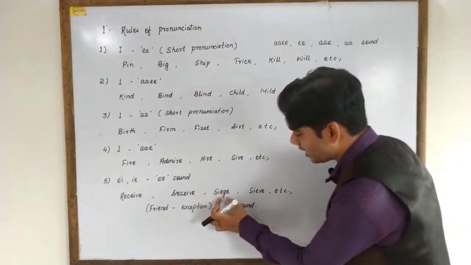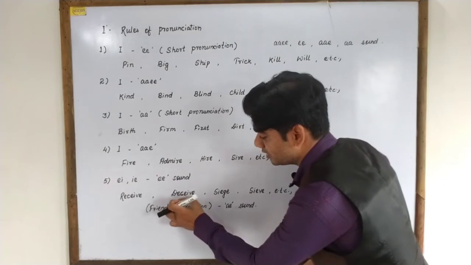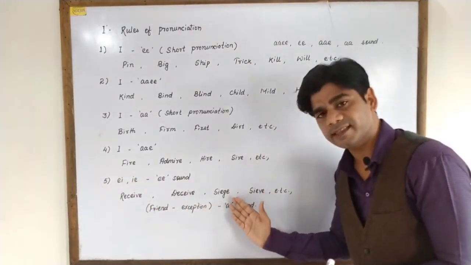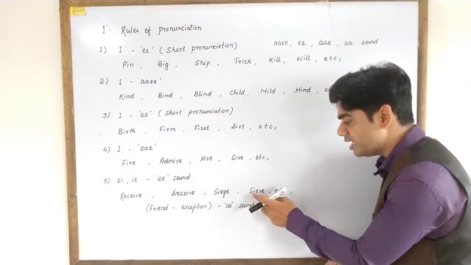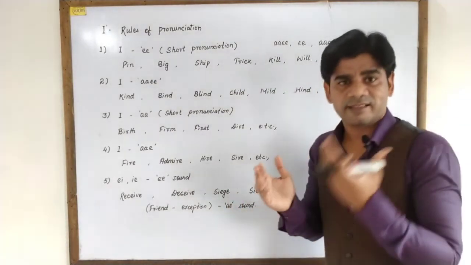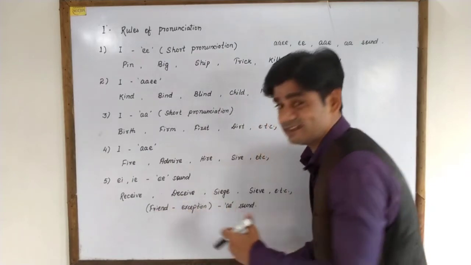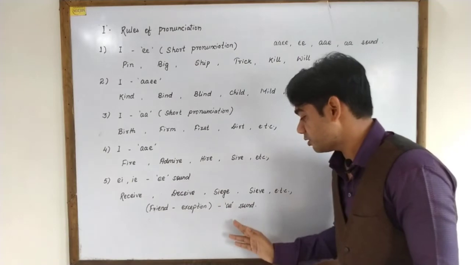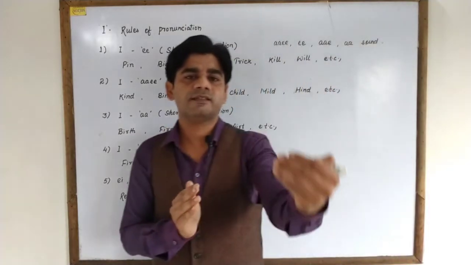S-I-E-G-E, in this word there is the letters I-E, but in the earlier ones there is E-I. So it is pronounced siege. And S-I-E-V-E, sieve. Now there is an exception, F-R-I-E-N-D. It is not pronounced as spelled, it is pronounced friend.